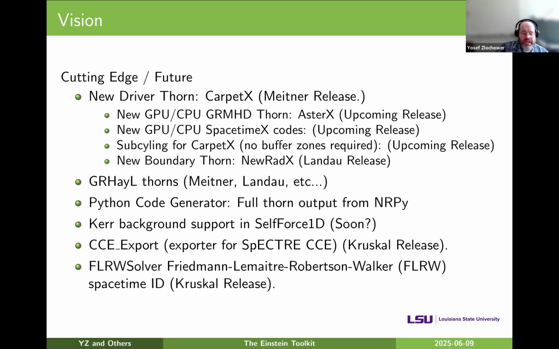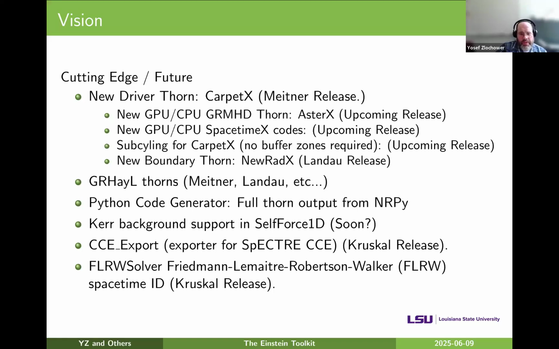GRaiL is a library developed by Zach Etienne's team, and it's a code which they have contributed to the toolkit, and it basically is a library to handle hydrodynamic GRMHD simulations.